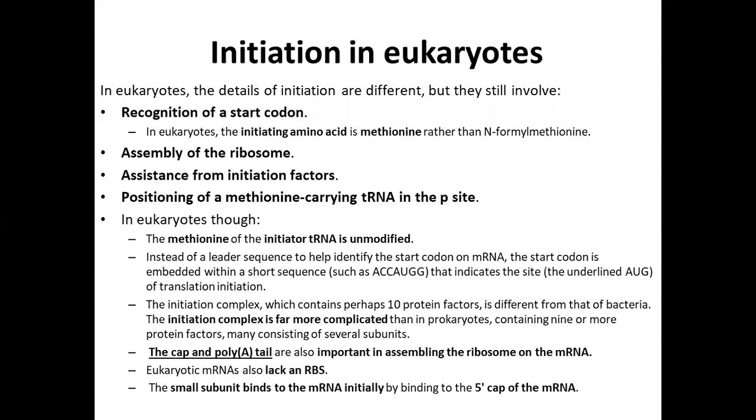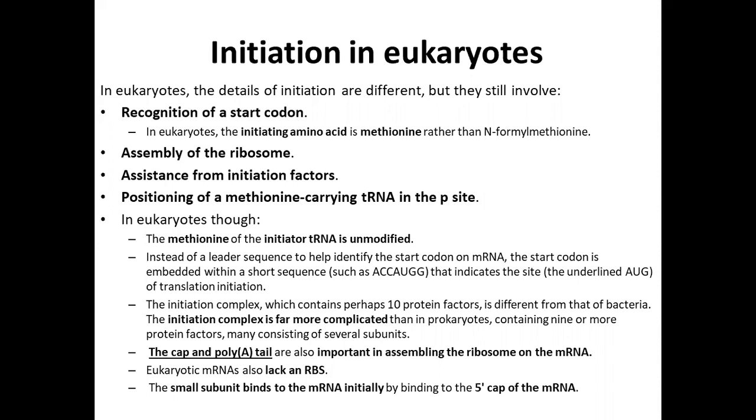However, in eukaryotes, the initiator tRNA carries methionine that is unmodified, because in prokaryotes we have the modified methionine, F-methionine. We also have the cap and poly-A tail, which are important in assembling the ribosome on the messenger RNA in eukaryotes.